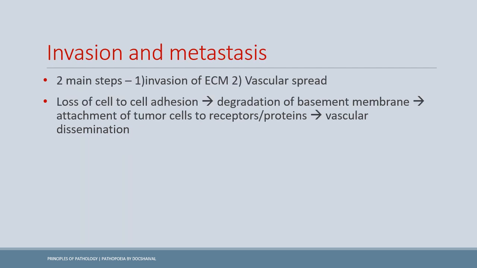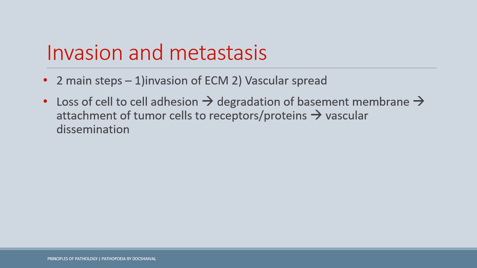The next thing whose mechanisms we must know, which is very important, is invasion and metastasis. Now, there are two main steps of this. First of all, there must be invasion of the extracellular matrix, and then as it enters the blood, there is vascular spread.